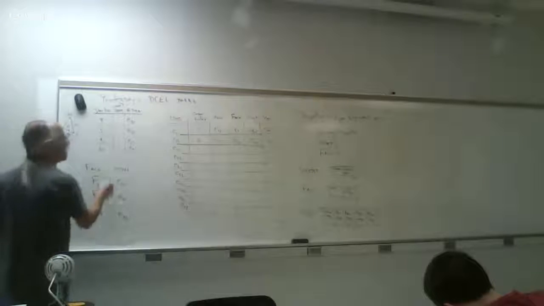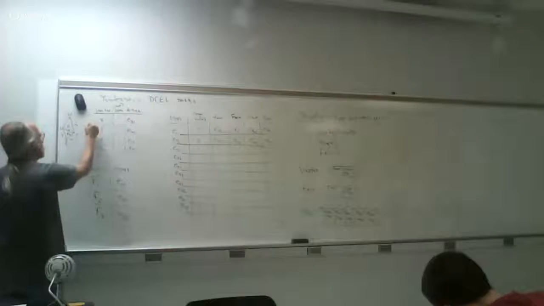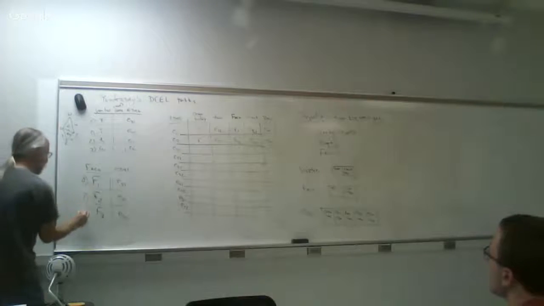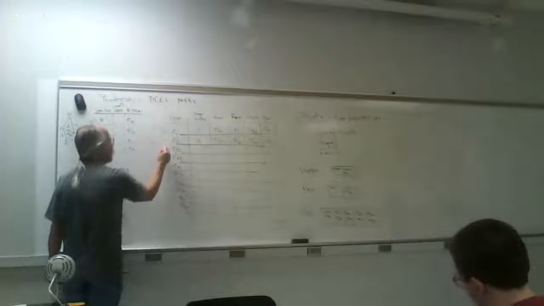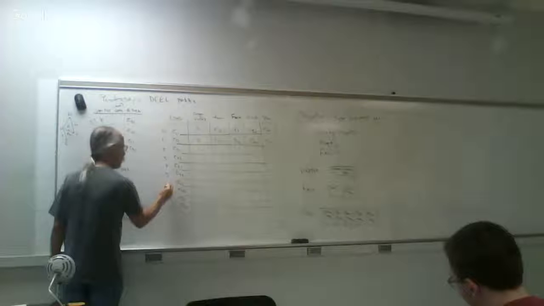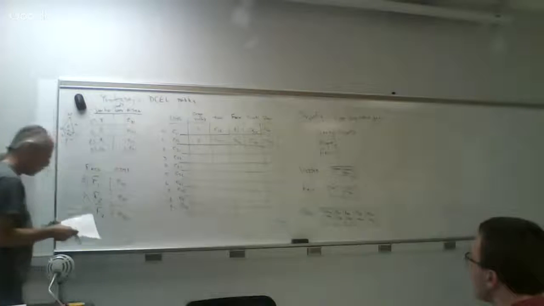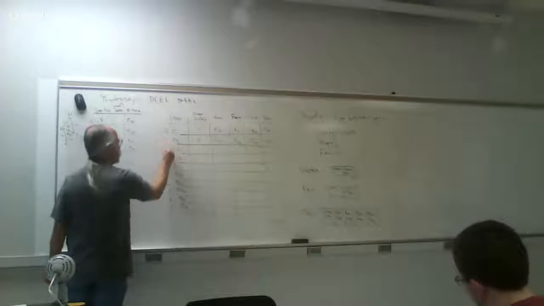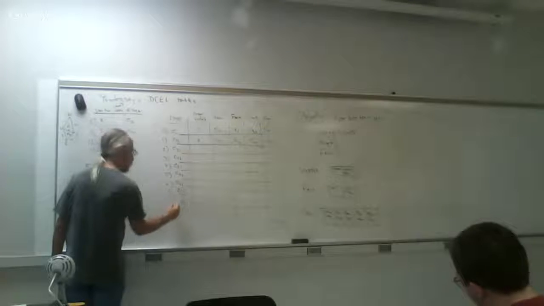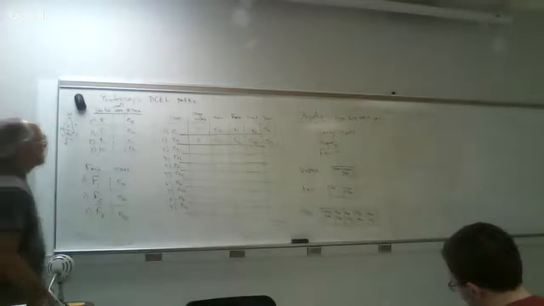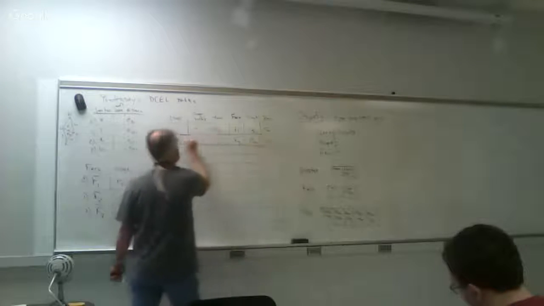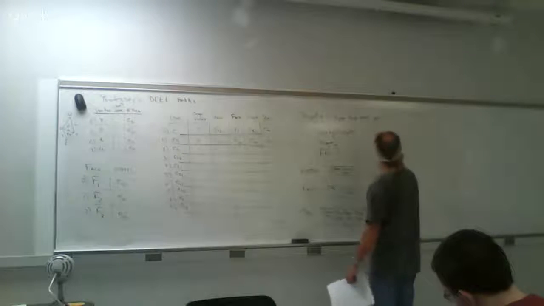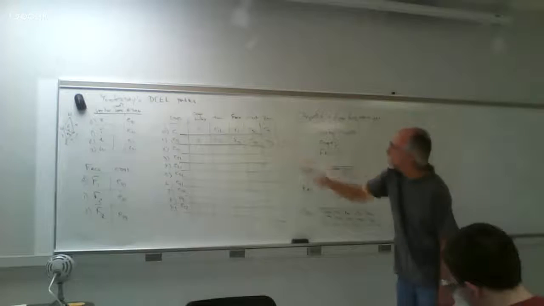If I index each of these tables appropriately and pick out this information right here, my entry is going to look like this: my origin vertex is X, which is vertex 0.